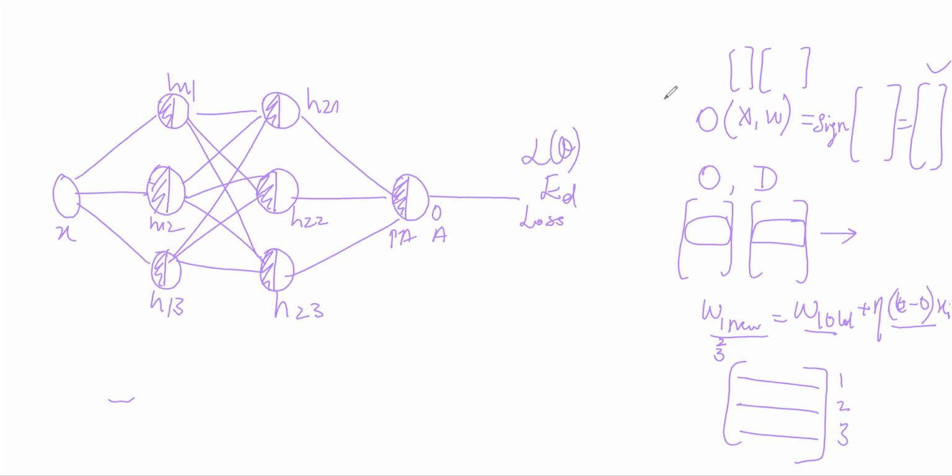The pre-activation functions I'll write as A11, A12, A13, and A21, A22, A23. Each is associated with a weight. And I'll write the output as y cap, because this is my predicted output. My target output is different, but this is my predicted output.